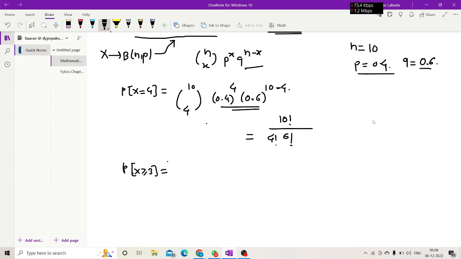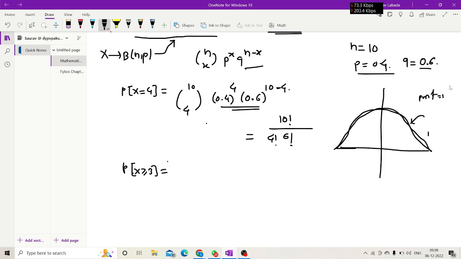Now greater than or equal to 3 means what? Understand now. Suppose I am considering this. Okay, this is my probability curve. You already know, right? The PMF sums to 1, so the area under this curve is always equal to 1.